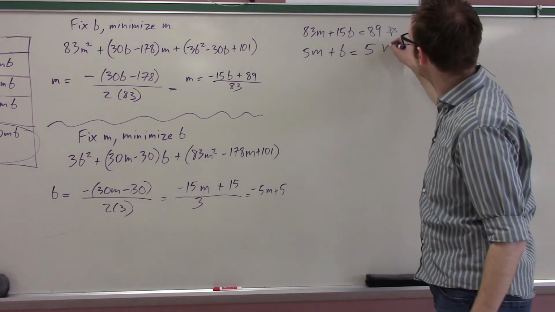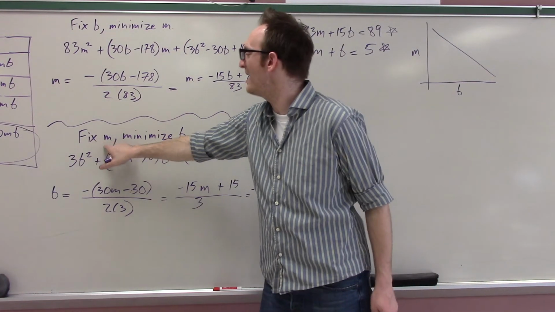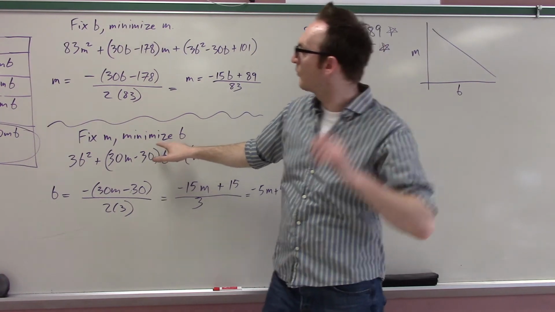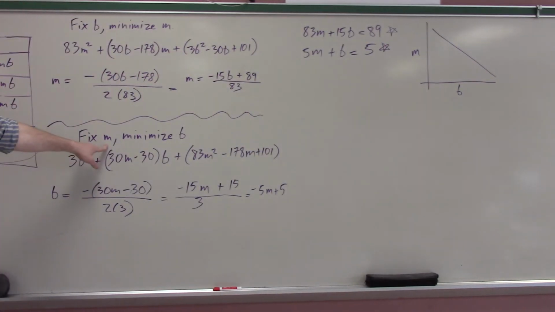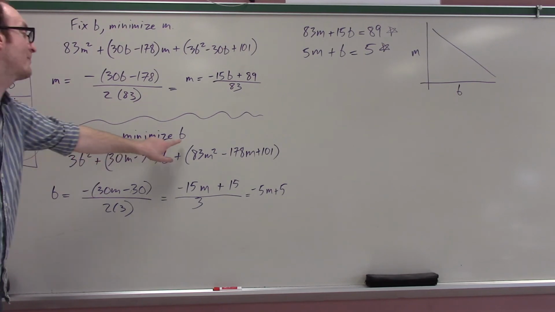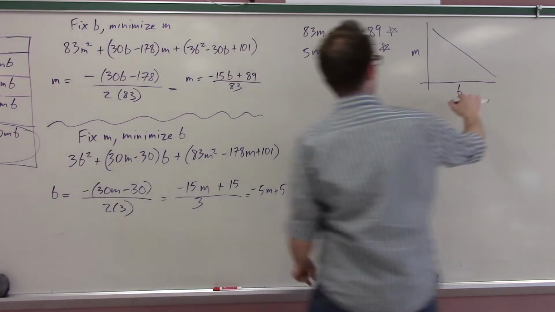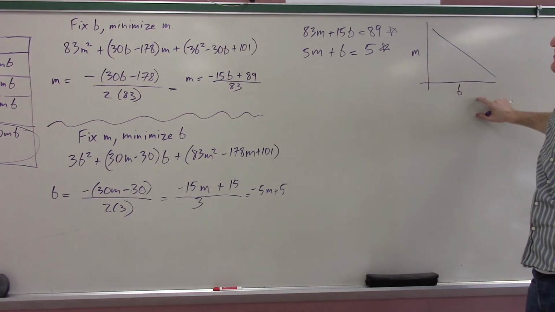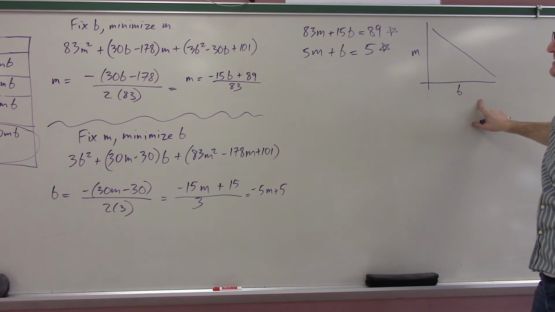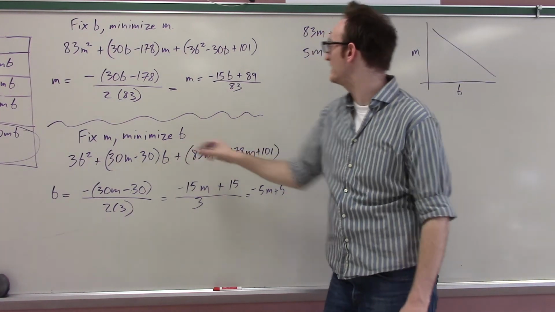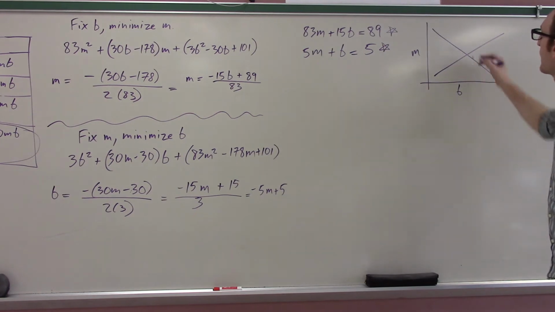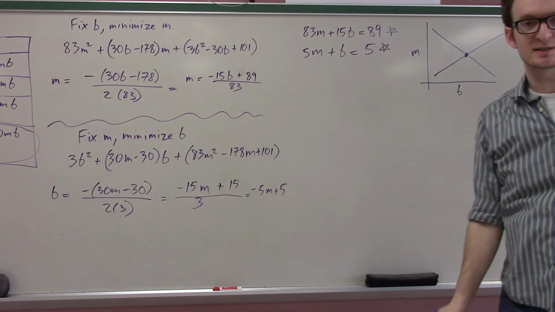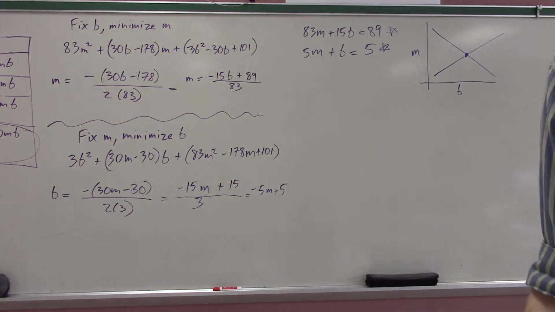This other line, this is where we fixed m and we tried to minimize b. So this is a function which, for a given m, gives you the best b. So if this line gives you the best m for a given b, and this line gives you the best b for a given m, wherever these two lines cross, that has to be the magical ordered pair which minimizes the quadratic.